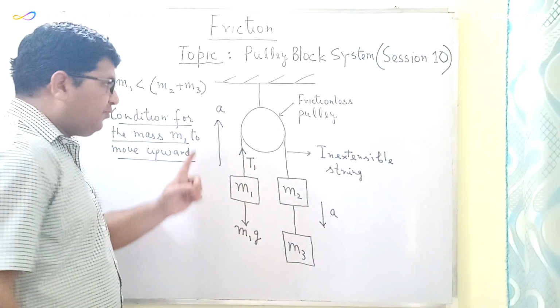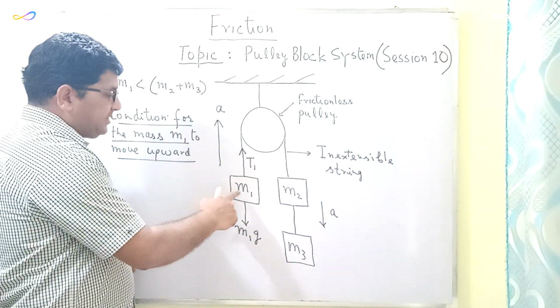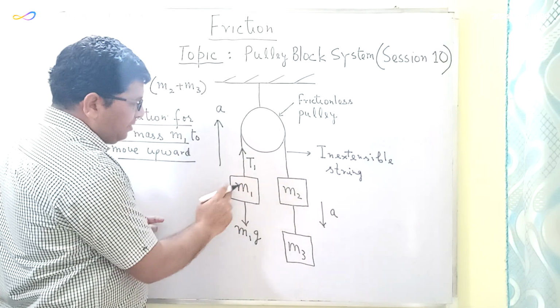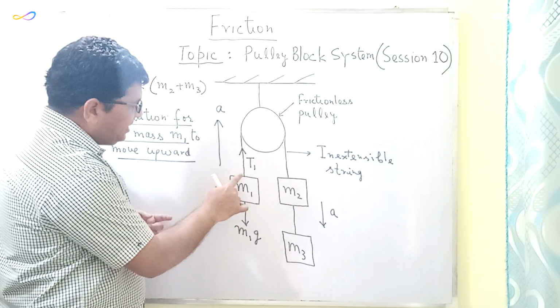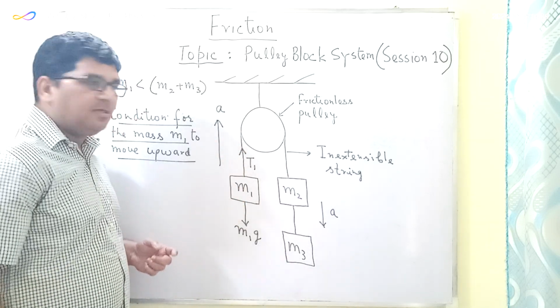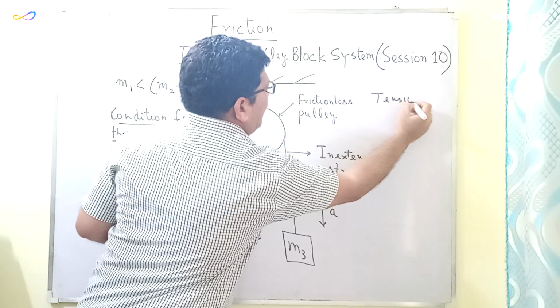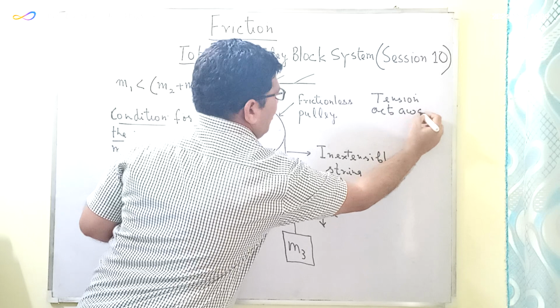One more important thing we all have to remember is that tension always acts away from the body. This is the body of mass m1, so the tension will be acting away from the body, that is, in the upward direction. This is very, very important: tension acts away from the body.